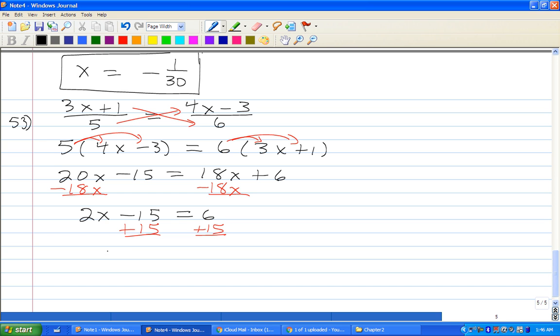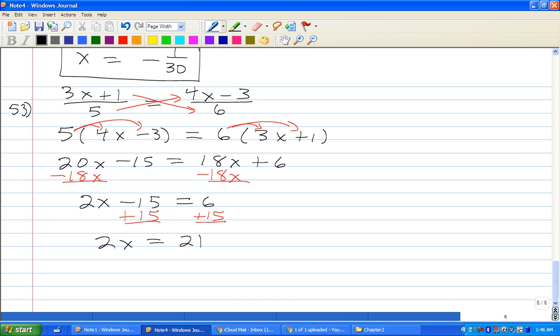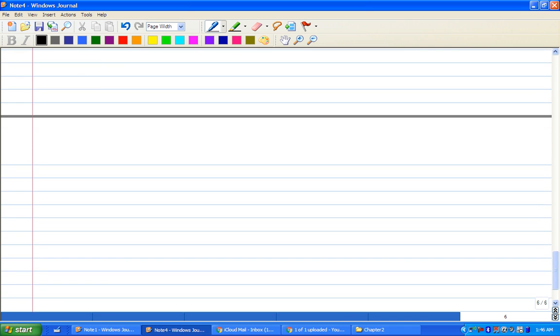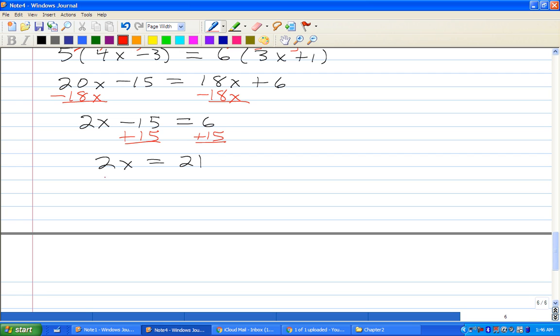And so 2x is equal to 21. Divide both sides of my equation by 2. And so x is equal to 21 over 2.